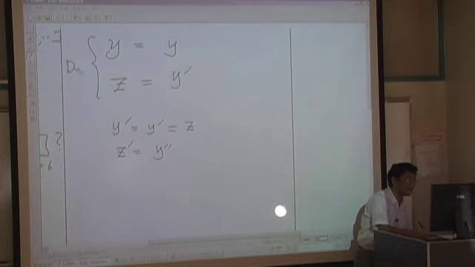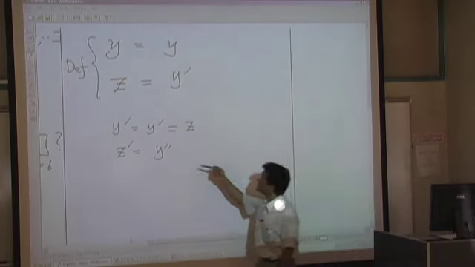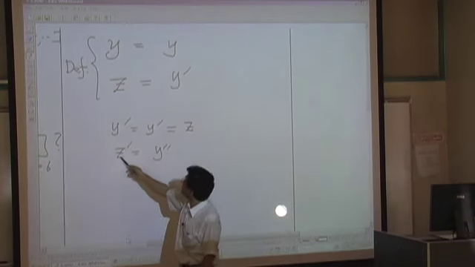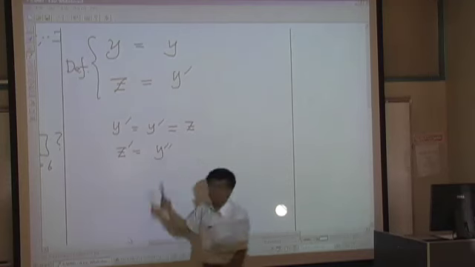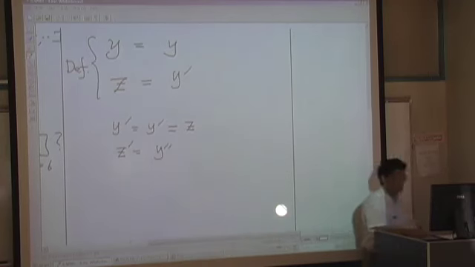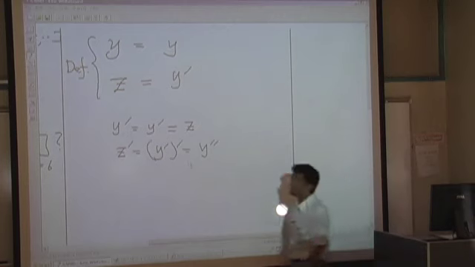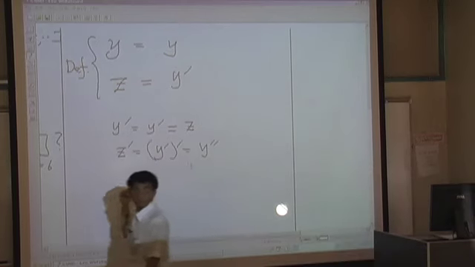And then after the definition part, now the application part. y prime is y prime, and then y prime is called z. z prime is y prime prime, the y second derivative. If you don't like this kind of jump, then I can avoid the jump. You follow me completely?